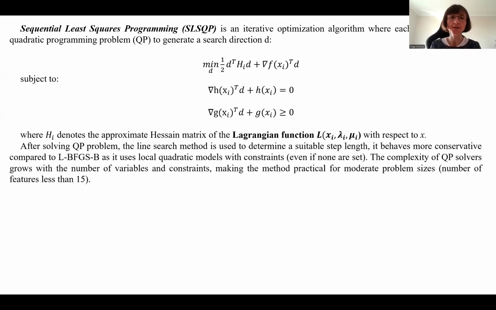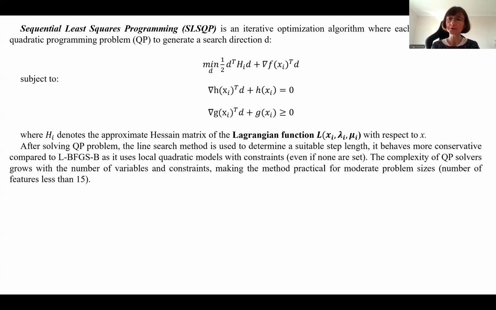Next is the sequential least squares programming method, which is an iterative optimization algorithm where on each iteration a quadratic programming problem is solved to generate a search direction.